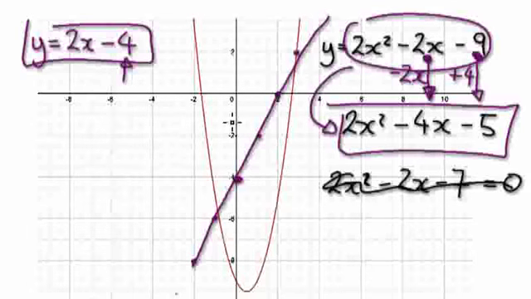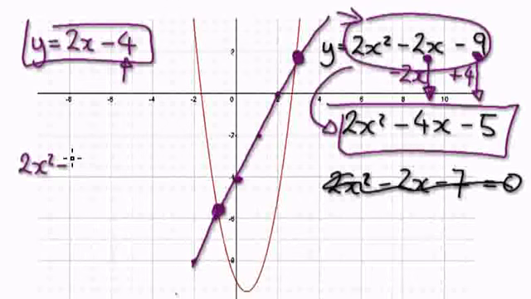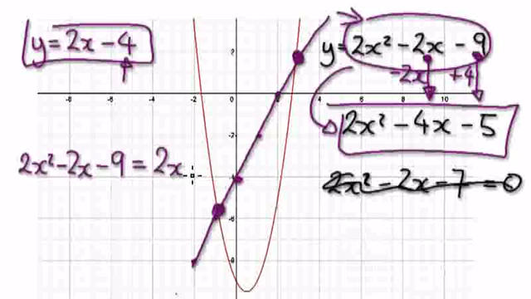Anyway, so the solutions here and here. Let me start by looking at this here. I'm going to rewrite this as 2x squared minus 2x minus 9, and then my straight line here is 2x minus 4. Now let's take away 2x from both sides.